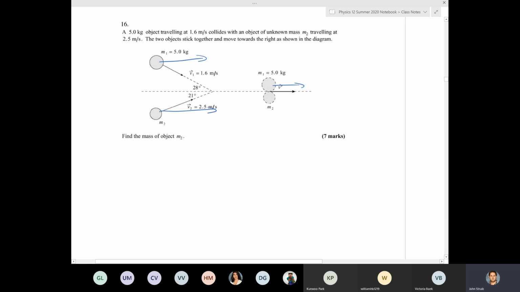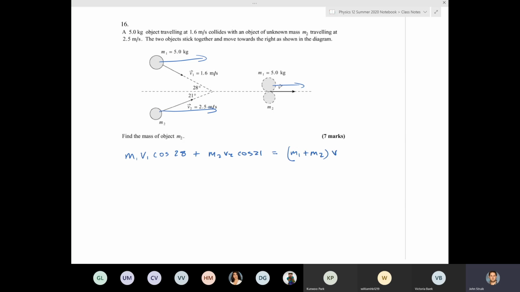So it's going to be m1 v1 cos 28 plus m2 v2 cos 21 equals m1 plus m2 times v. Okay, and we don't know the velocity.